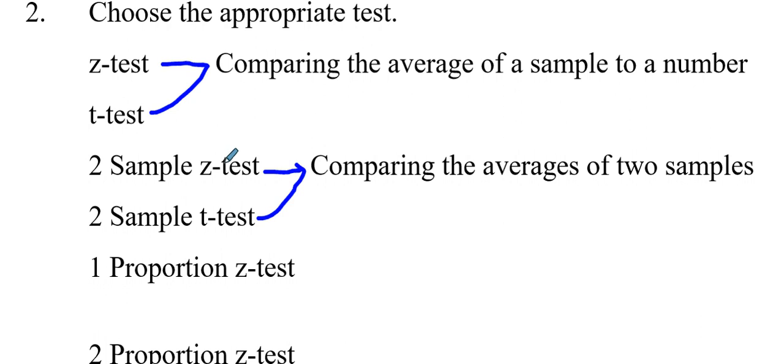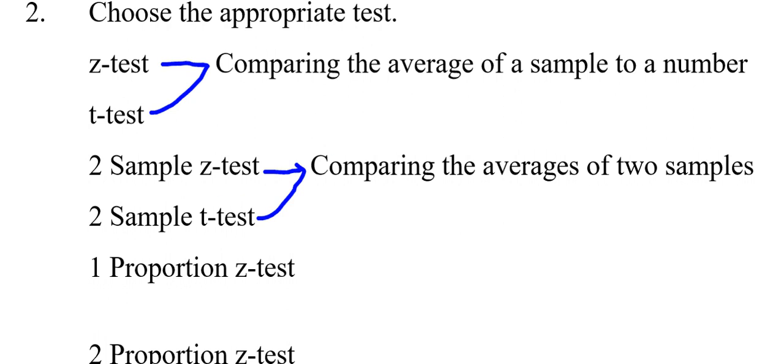All right, again, z if your samples have 30 or more, t if your samples have less than 30. Now, since you have two samples, let's say you have 30 or more males but only 20 females, basically if either of your samples has less than 30, you would use a t-test, okay? T is just a safer test.